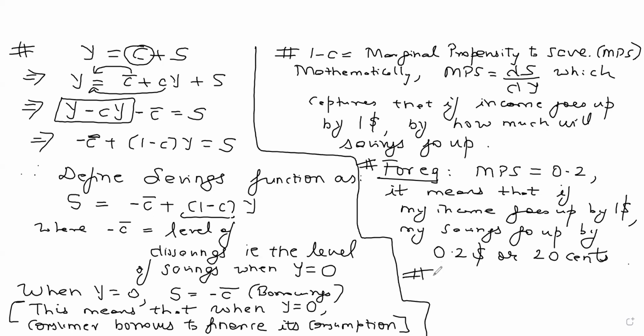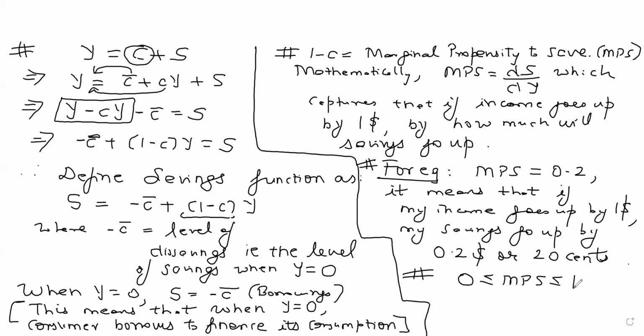And now the next important point, just like MPC lies between 0 and 1, MPS also lies between 0 and 1. Okay, so MPS, again, it cannot exceed 1 for the same reason like MPC cannot exceed 1. Why can't MPS exceed 1? MPS cannot exceed 1 because you cannot save more than your increase in income.